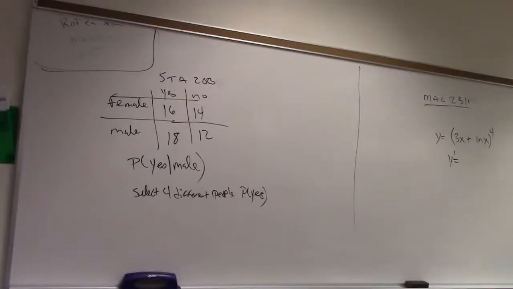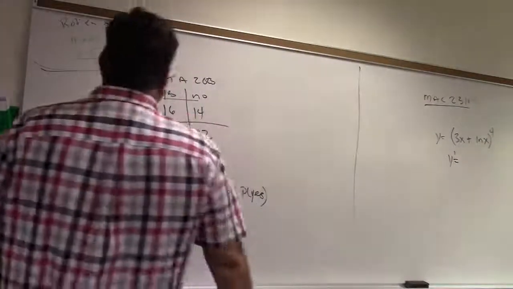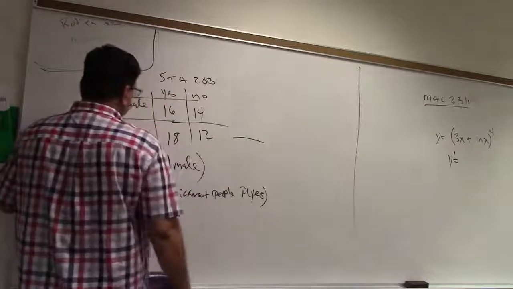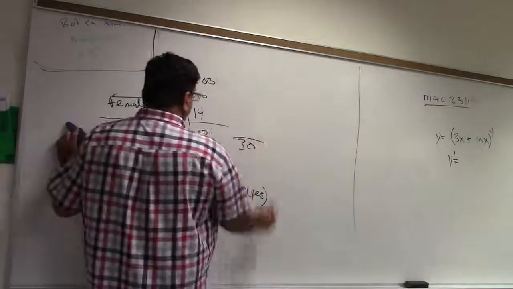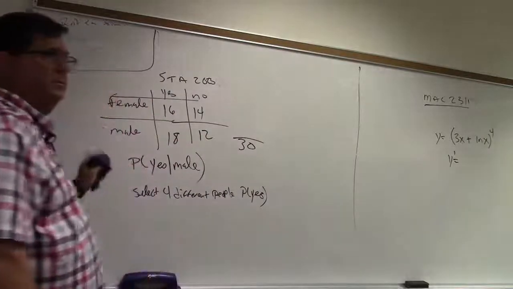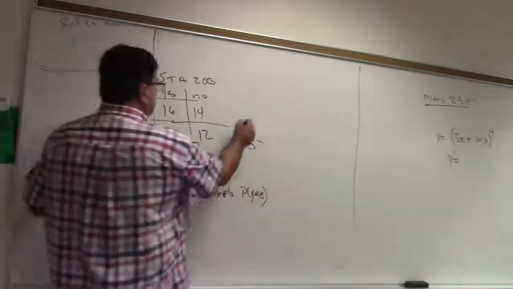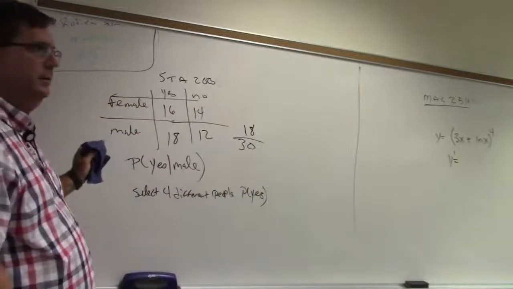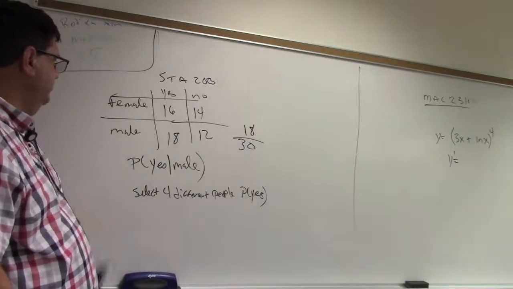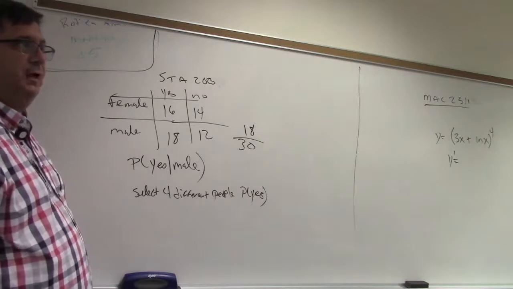Stats. How many males are there? 30. Out of those 30, how many of them said yes? 18. All right. Select 4 different people, which probably all said yes.